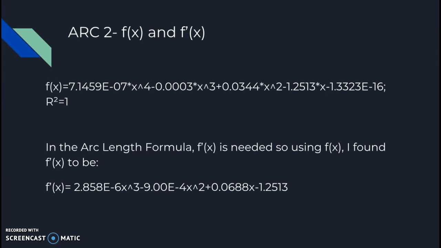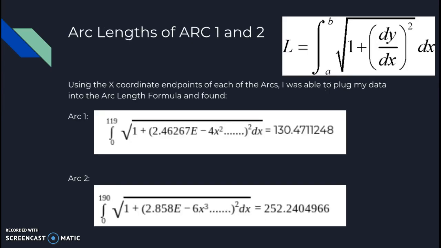And then for the second arc, I did the same procedure and found that its derivative was 2.858 e to the negative 6 x to the third minus 9.00 e to the negative fourth x squared plus 0.0688 x minus 1.2513.